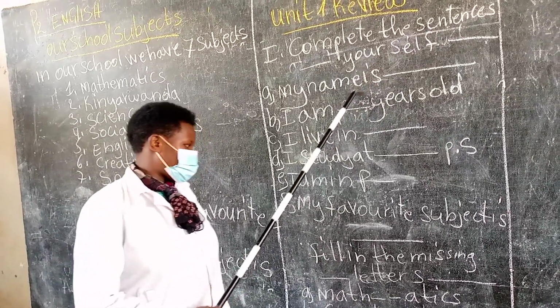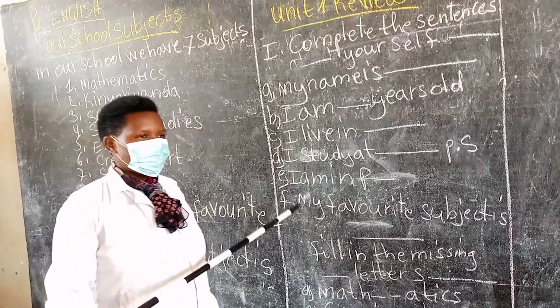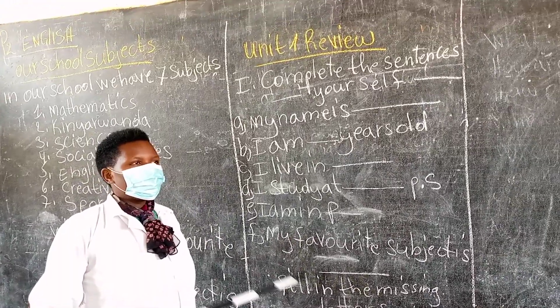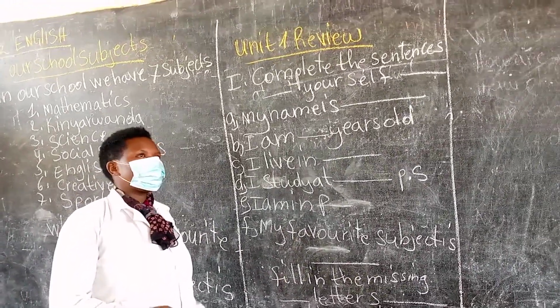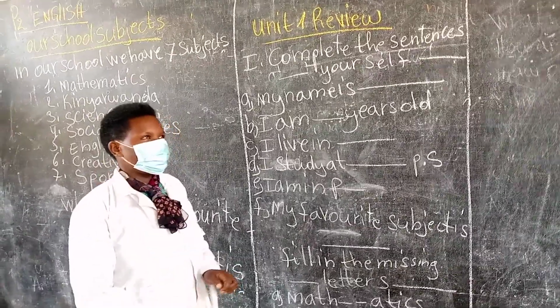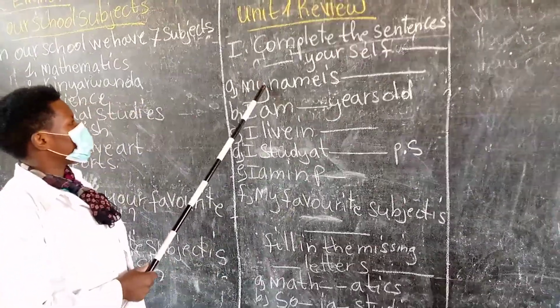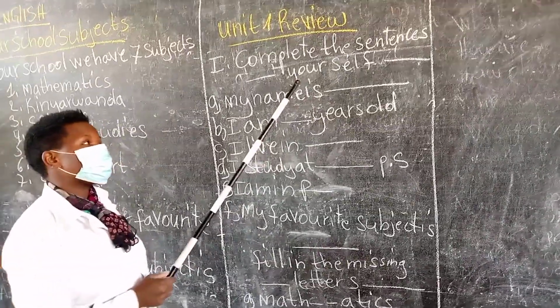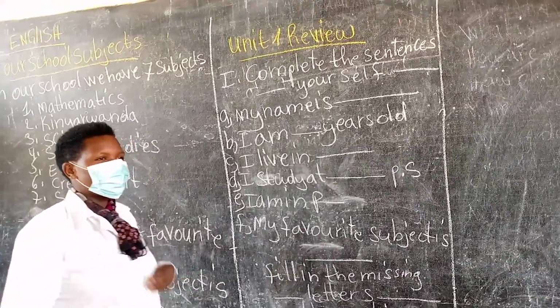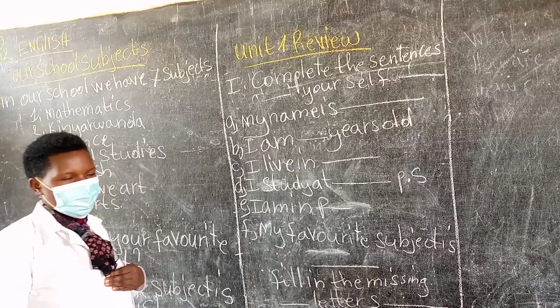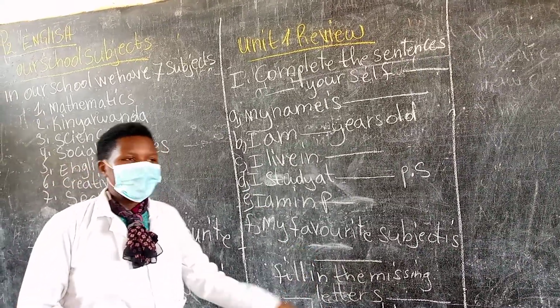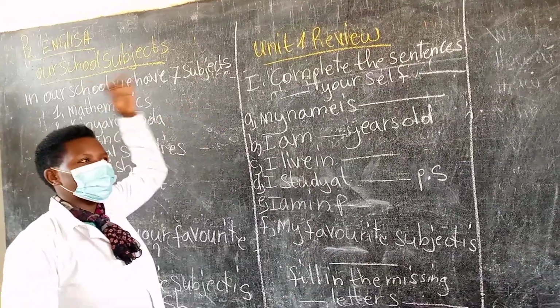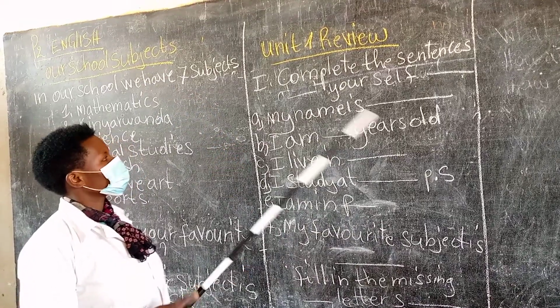When you give this question to your children, they should think deeply when they see my name is. Remember that here you have yourself. If it is me, it is myself. If it is you, it is yourself. If it is her or him, it is herself or himself.